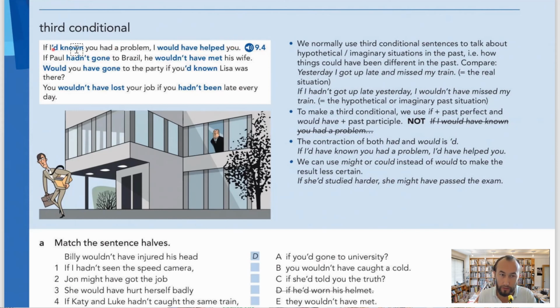So in the if clause or if part, you use if, obviously, and then you put a subject, like I, you, he, she, or whatever the noun is. And after that, we should use something called past perfect. Past perfect is made up of had plus past participle. As you can see, if I'd known is actually if I had known.